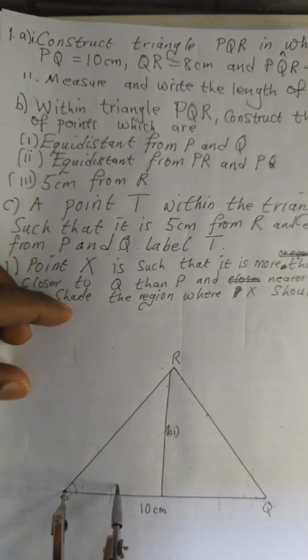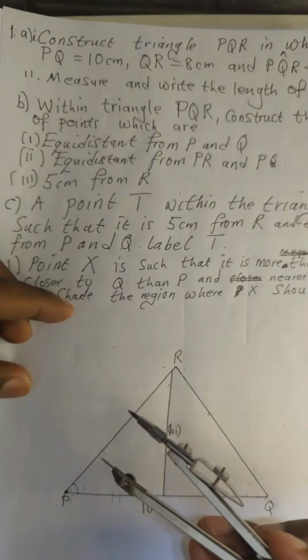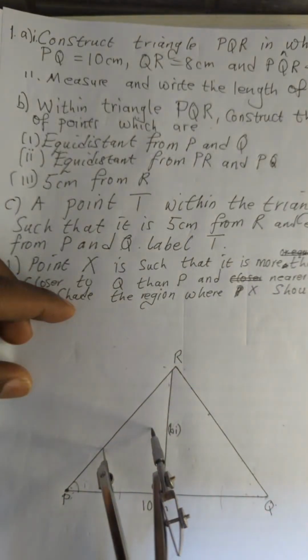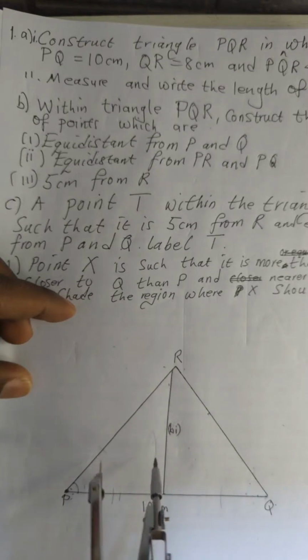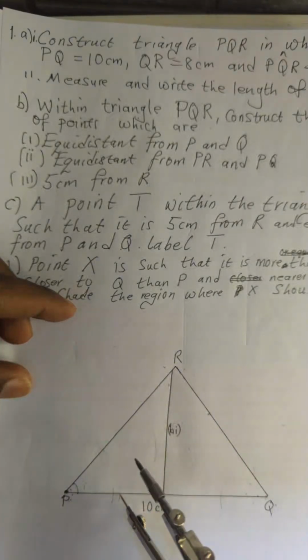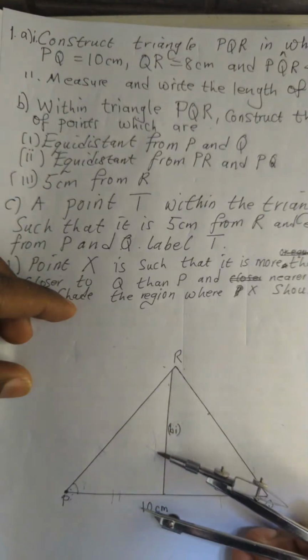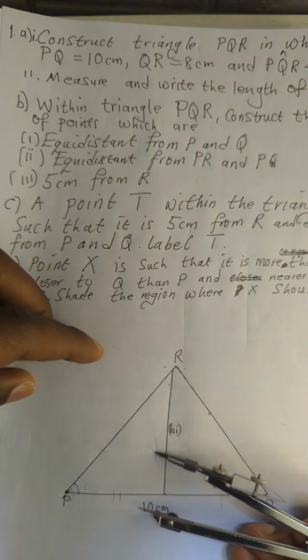Once you are done, you stand where your arc meets the line here, then inside the triangle do an arc. And also stand here, and inside the triangle do an arc. Where the two arcs meet here, that's where your line should pass.